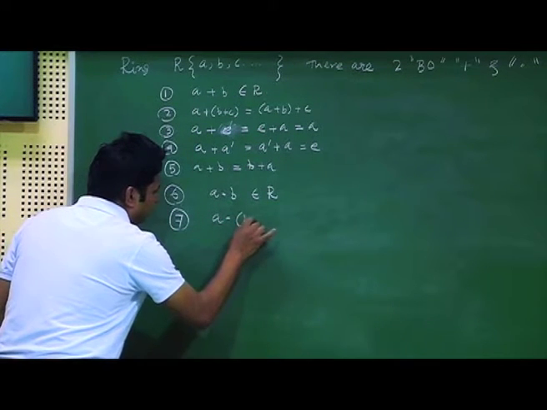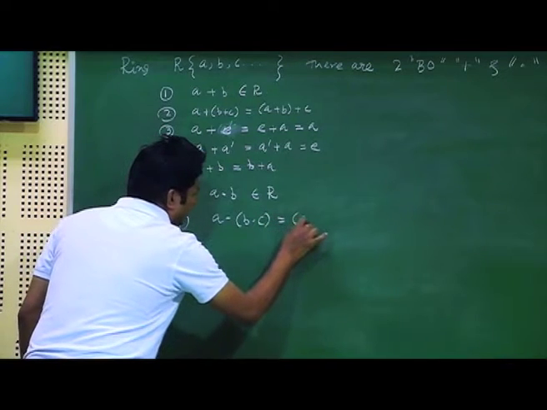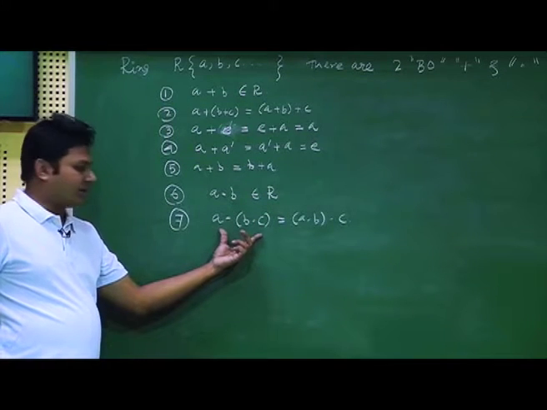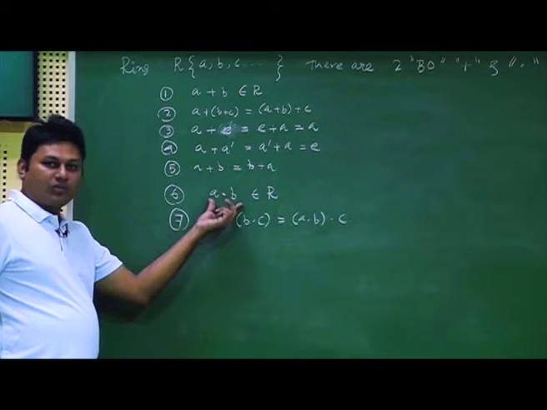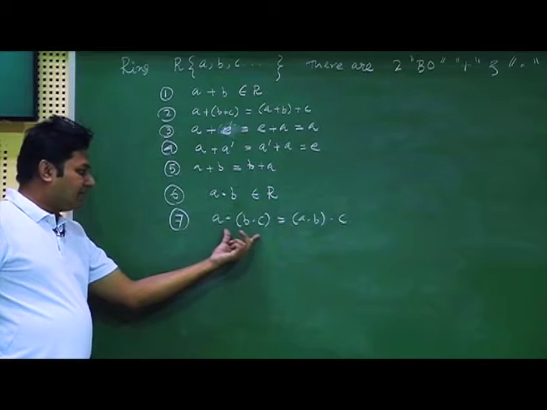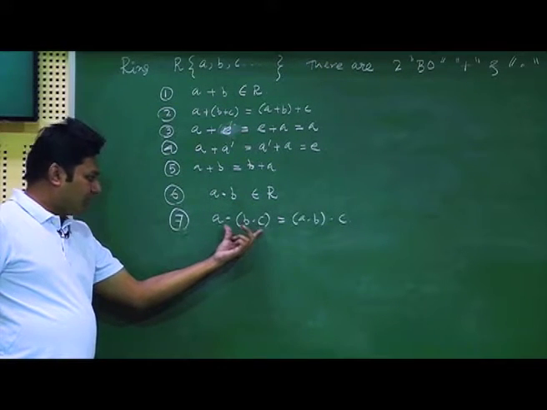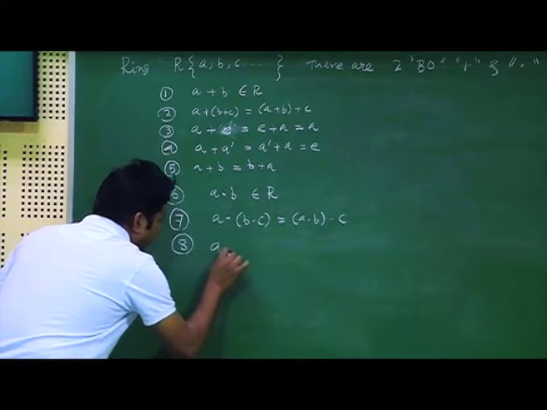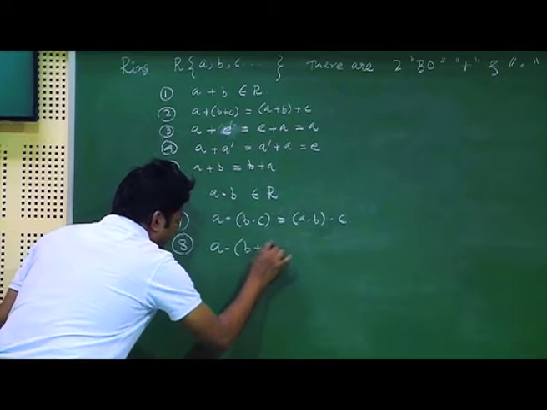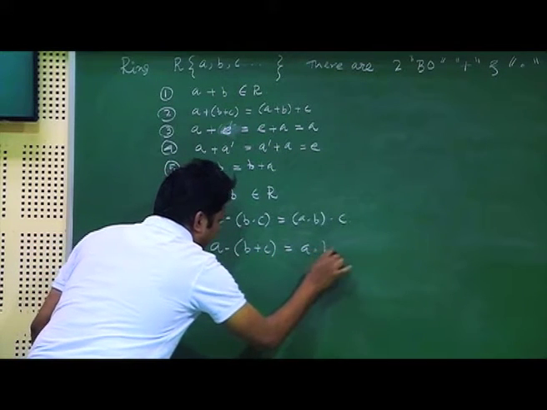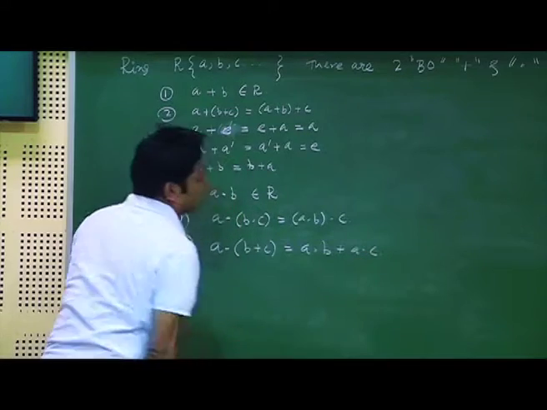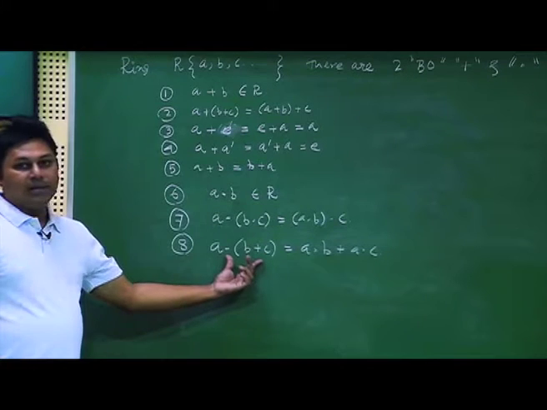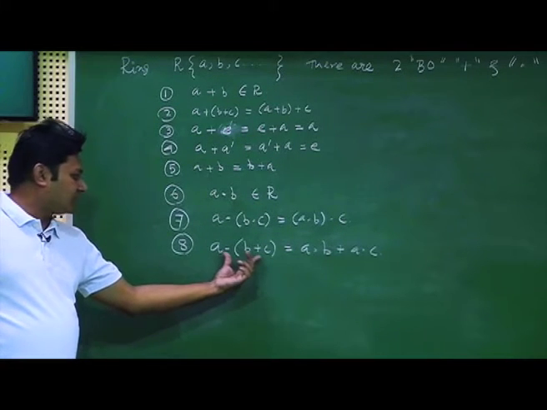Seven, A star B star C is A star B star C. In star, they are following the associative rules. So first is the closure property, followed by this, and second is the associative property. Eight, this is very important. Why is this important? Because the first time I am applying these two binary operations together.